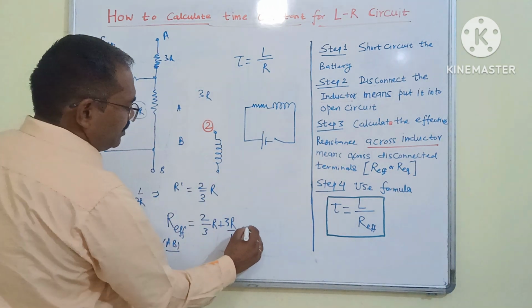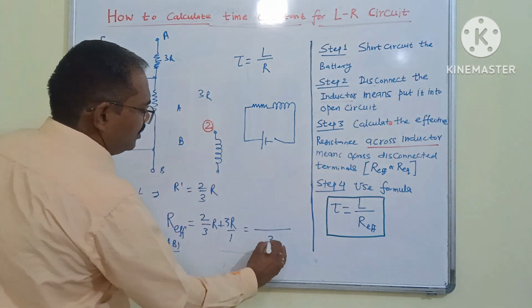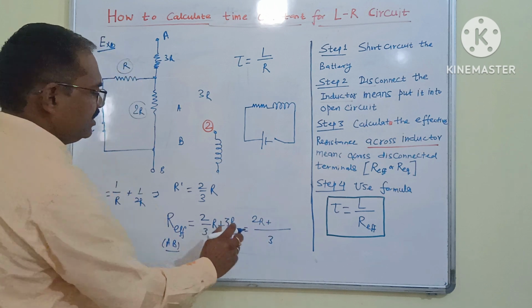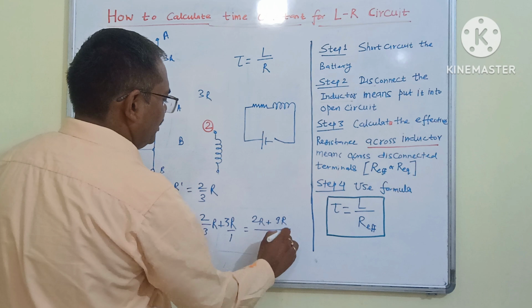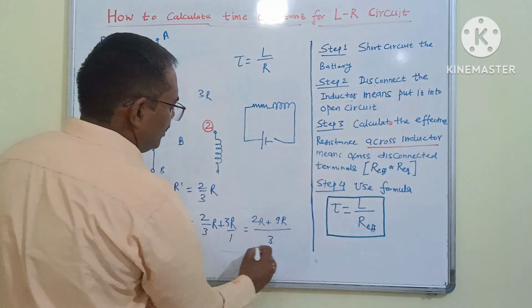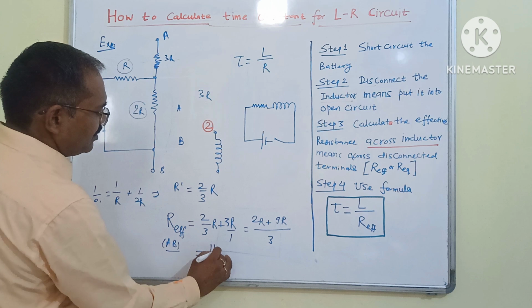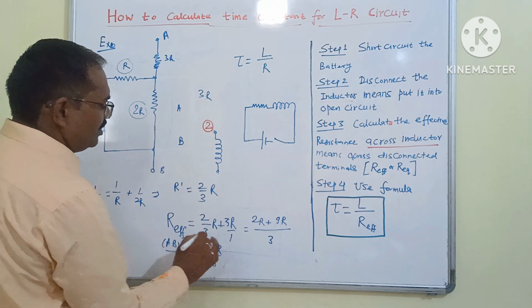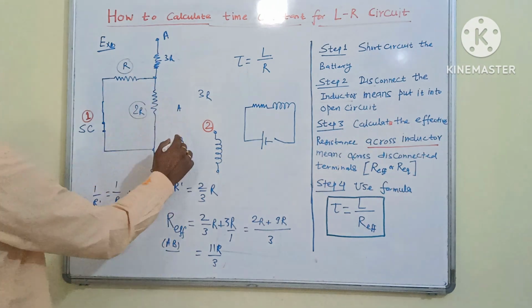If I solve it, it would be 2R plus 9R, further coming to 11R over 3. This is the effective resistance across the inductor.